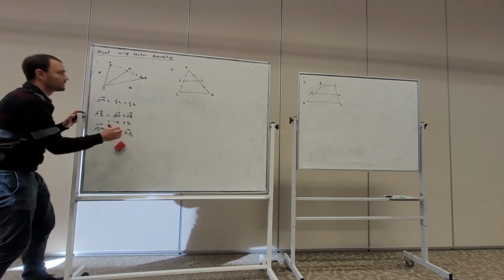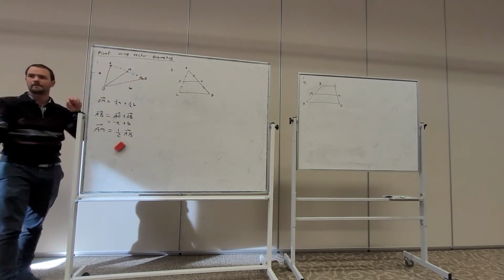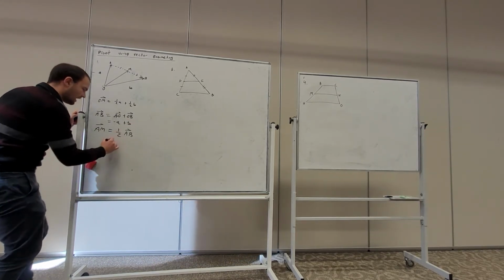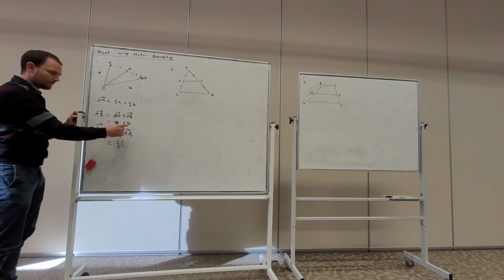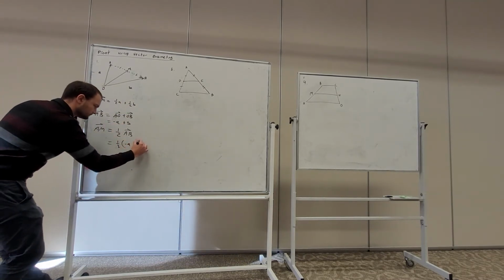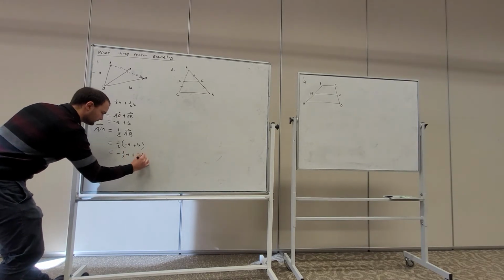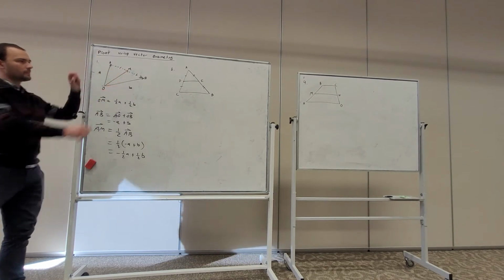All right, that vector there is half of this vector here, which is half of minus A plus B. So that's minus half A plus half B. Okay, that is vector AM, the vector from A to M.